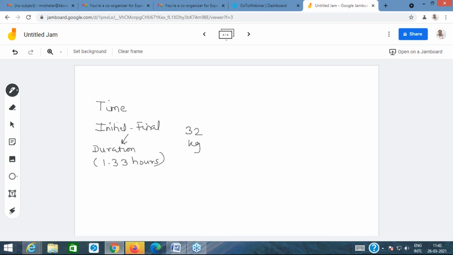So this was the final temperature, -8 degrees centigrade, and during this test we noted the suction pressure and the discharge pressure. What is the suction pressure? Suction pressure is the pressure indicated by the pressure gauge connected to the evaporator, and the discharge pressure is the condenser pressure shown by the pressure gauge connected to the condenser.